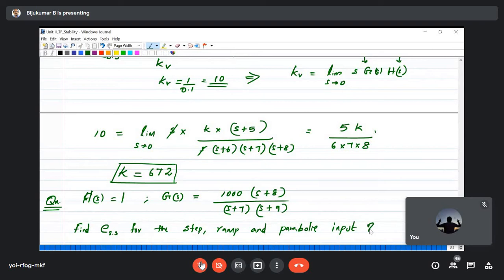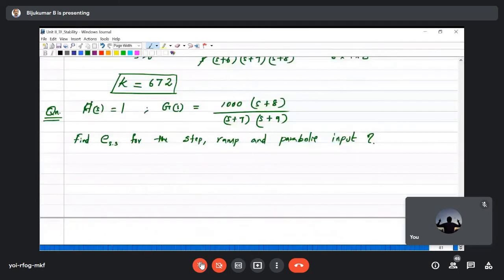You have to evaluate the steady state error for all the standard inputs. Okay, so do it fast and tell me the answers, because it is very simple, direct substitution.